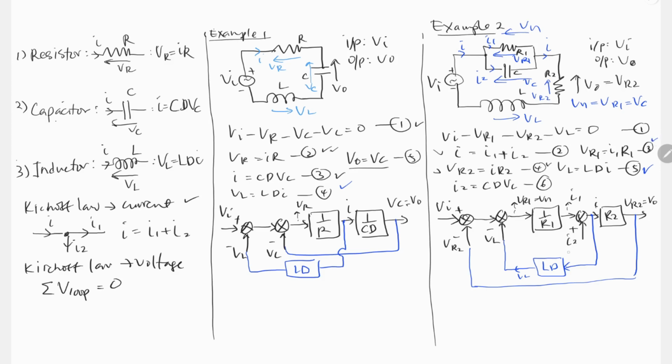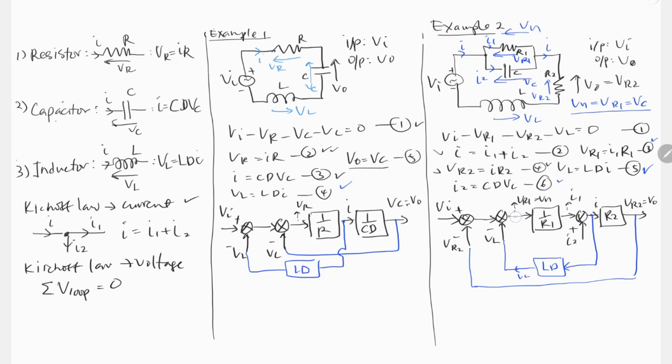Now I2, how can we find the source for I2? The equation still not used is number 6. For I2, if you can find VC, then you multiply with C d. There is no VC here, but we already discussed that VC equals VR1 or Vn.